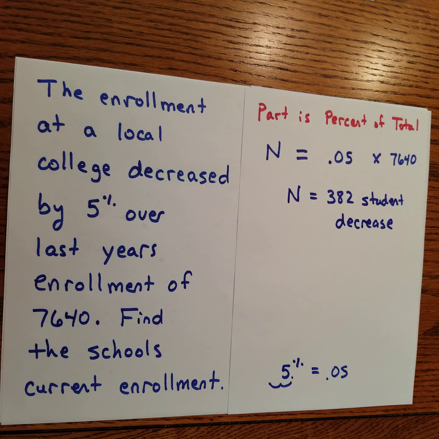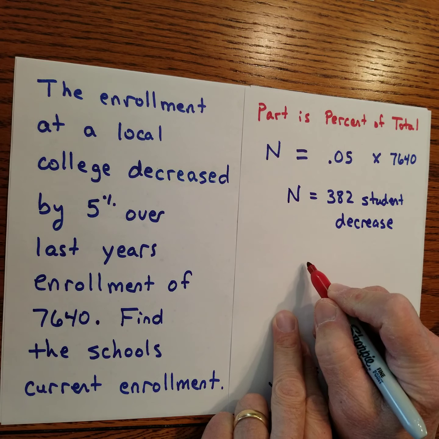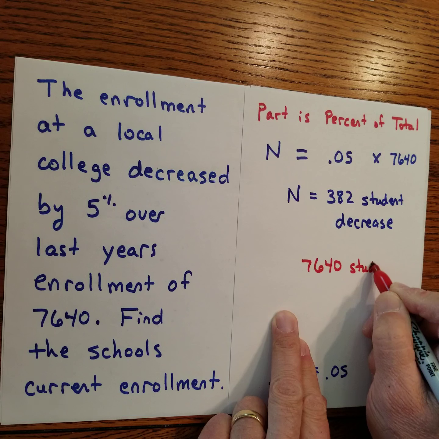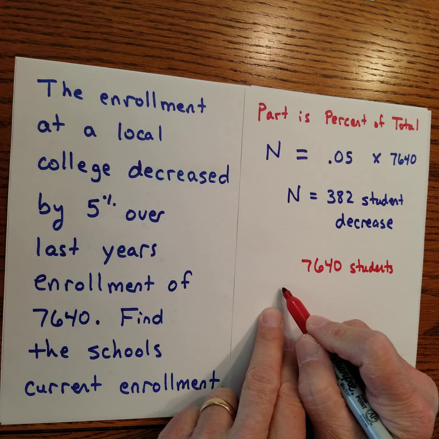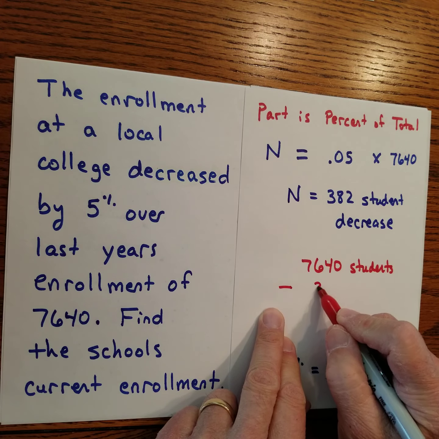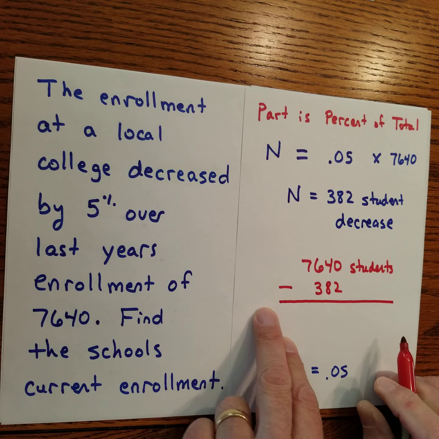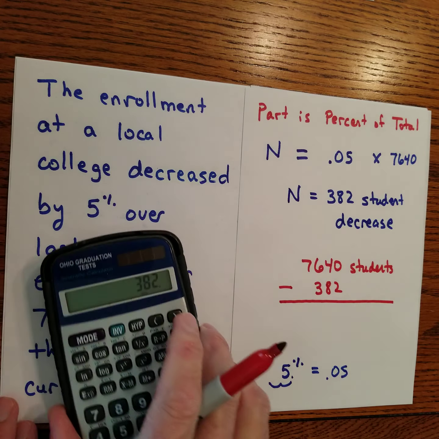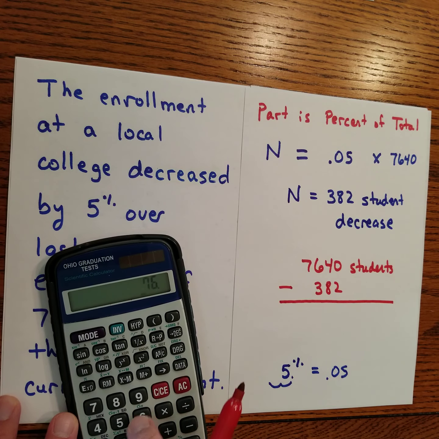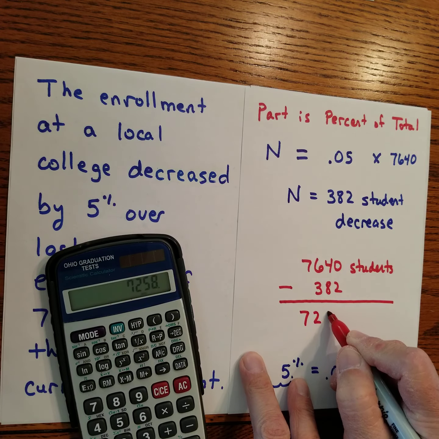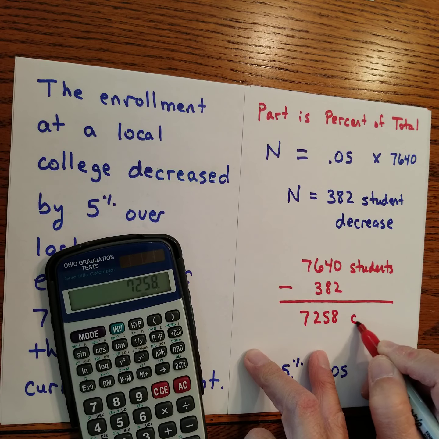That's why it's a 2-step problem. To answer the question, there were 7,640 students. We have a decrease of 382 students, which makes the school's current enrollment 7,640 subtract 382. 7,258 is the current enrollment.